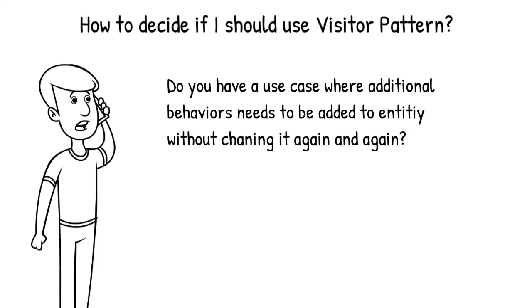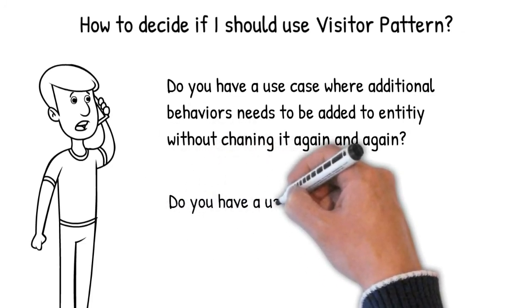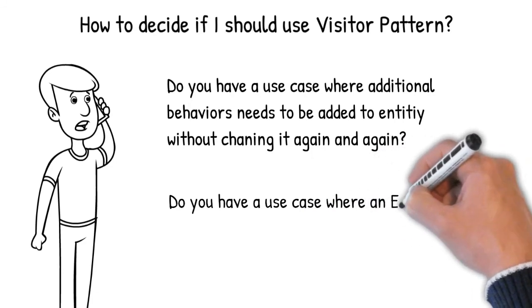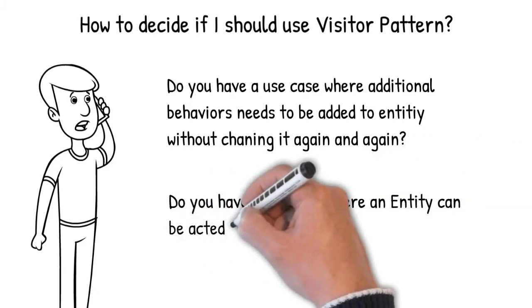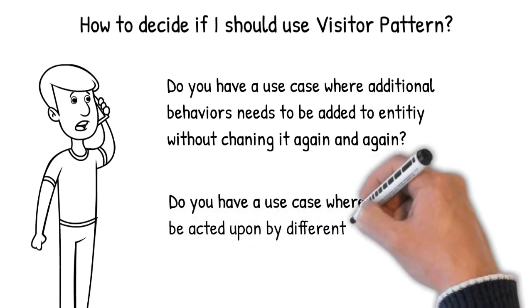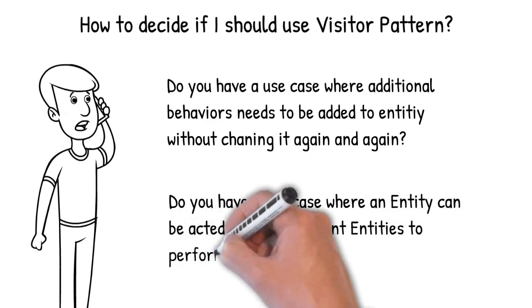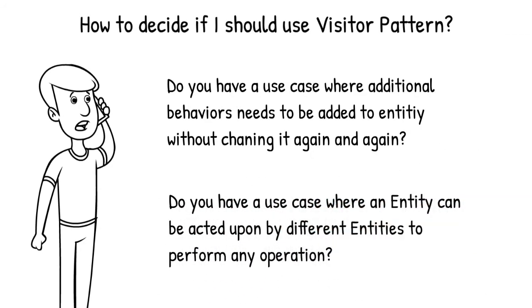Second question, do you have a use case where an entity is being processed by multiple other entities which perform different set of operation on that specific entity? If the answer to any of these questions is yes, you should use visitor pattern.